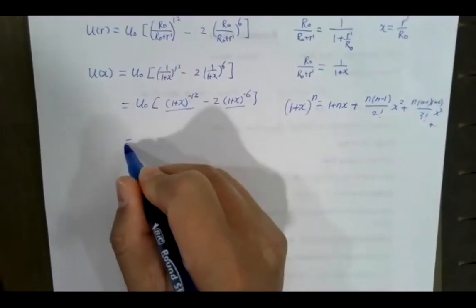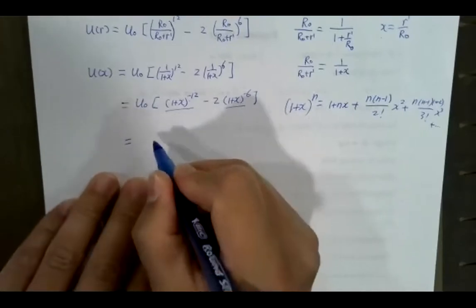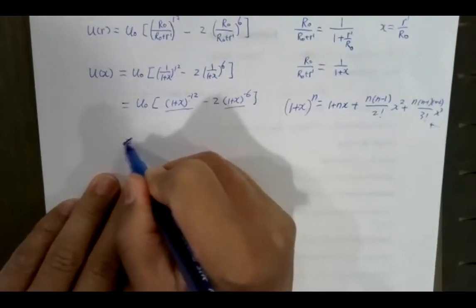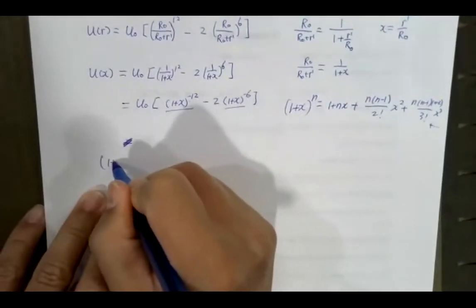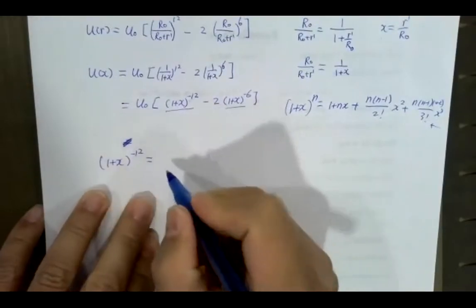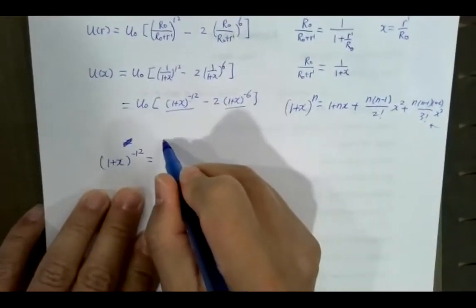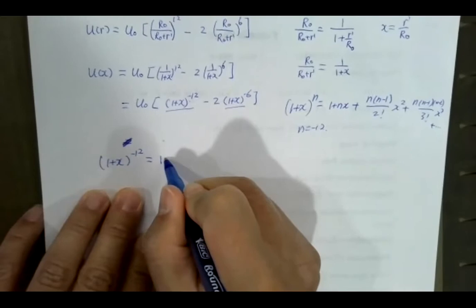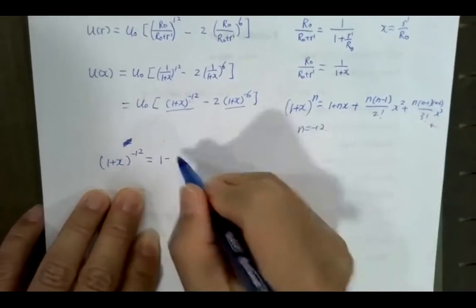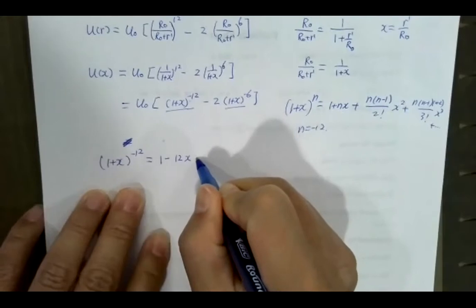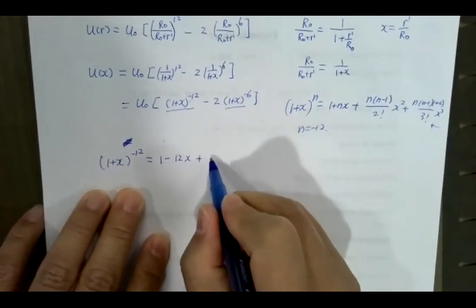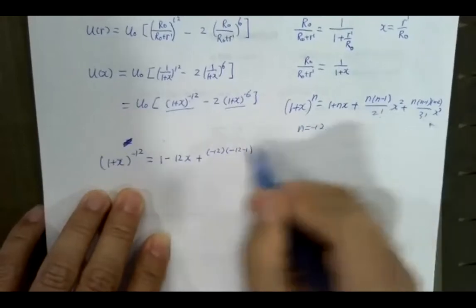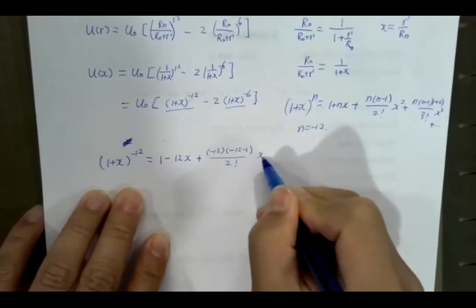Let's do it this way. So 1 plus x to the minus 12 is equal to, applying this where n is equal to minus 12, 1 plus minus 12 x, which becomes 1 minus 12x, plus, n will be negative 12, and then negative 12 minus 1 over 2 factorial times x squared, plus.